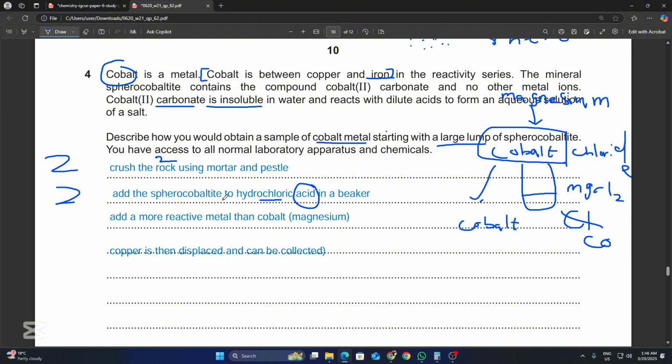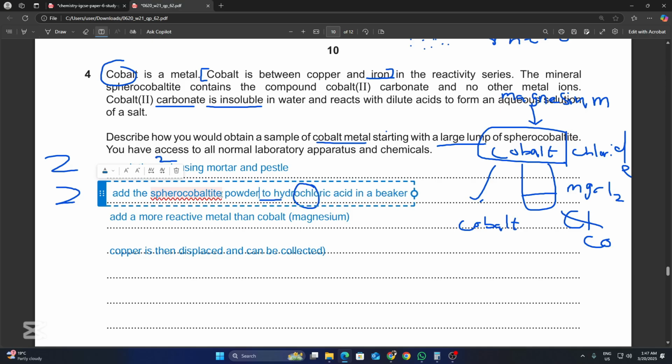Then we add the sphero-cobaltite powder to hydrochloric acid. Why do we do that? Because it says here cobalt carbonate reacts with dilute acids to form a salt. So we react it with hydrochloric acid or any acid to form a salt.